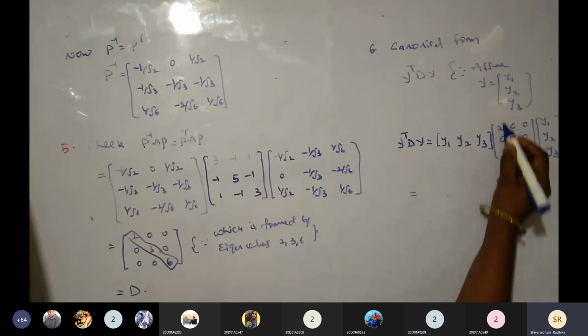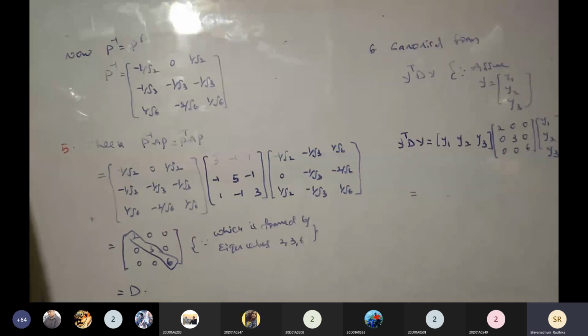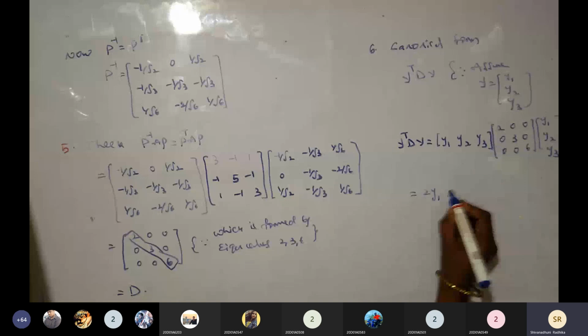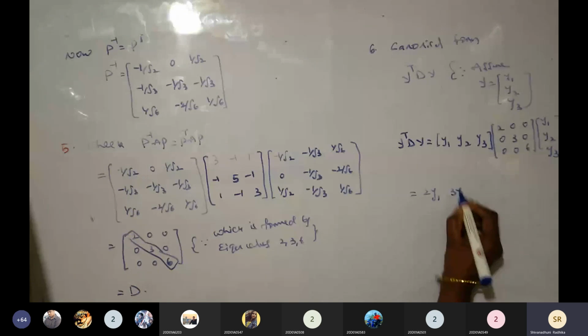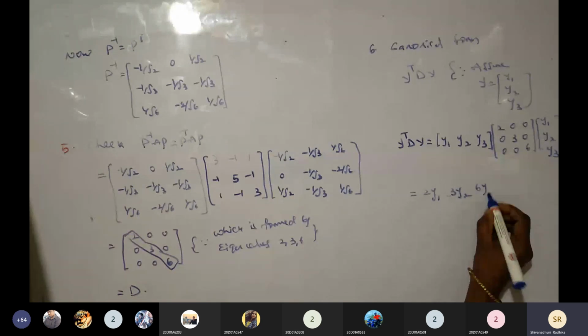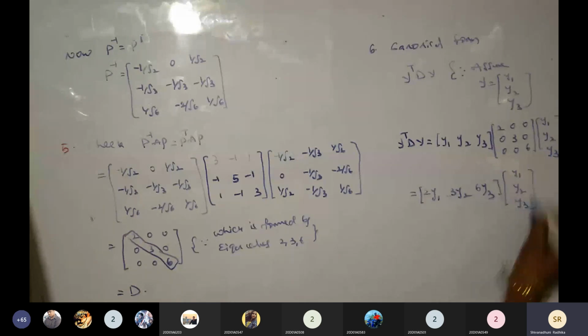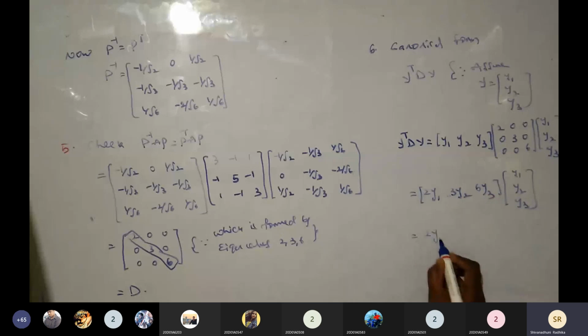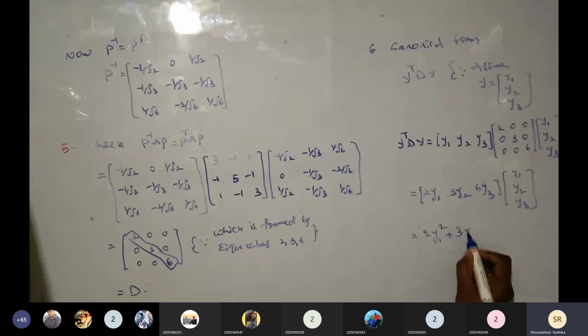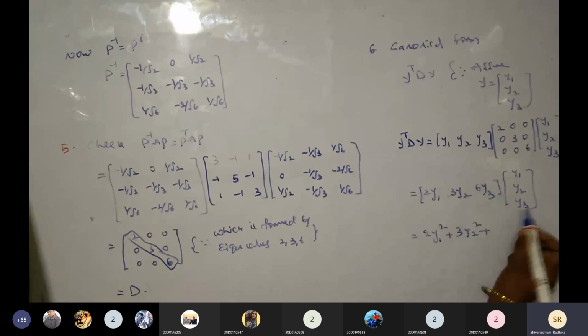First row with the third column, 6y3. Into y1, y2, y3. So 2y1 into y1, 2y1 square plus 3y2 square plus 6y3 square.